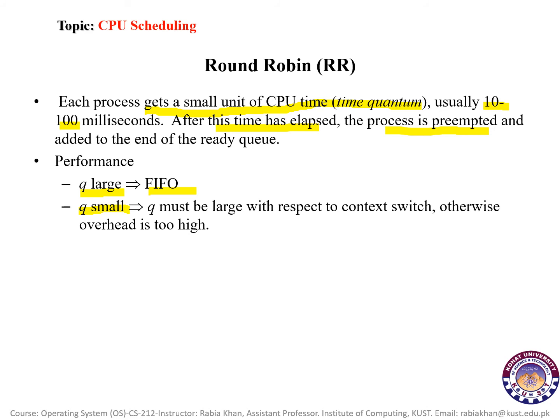So once the time quantum expires for a process, that process is preempted and added to the tail of the ready queue. This is similar to the diagram for the two-state transition model. You can revisit that diagram and see where I had mentioned that a process from running state goes back to the ready state only when its time quantum expires.